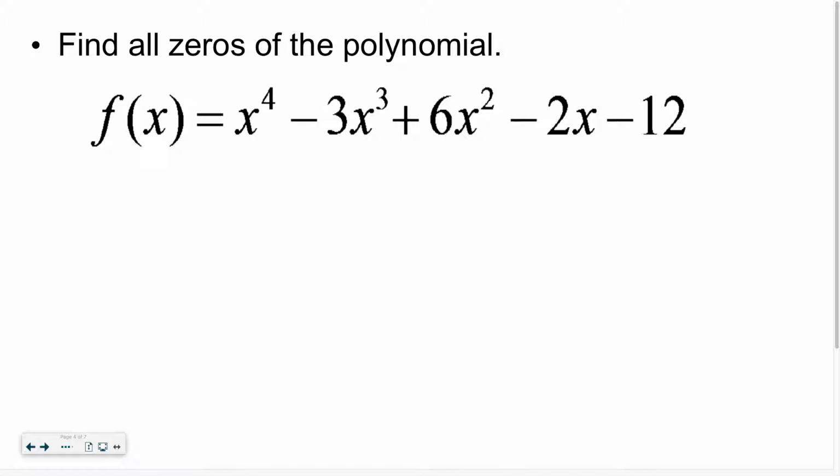Now, on your quiz on Thursday and your test next week, you're going to have some sections that just say find all the zeros. And you have to think about what are my options for finding zeros of polynomials? Our first method was back when we did that pink sheet as notes: factoring.